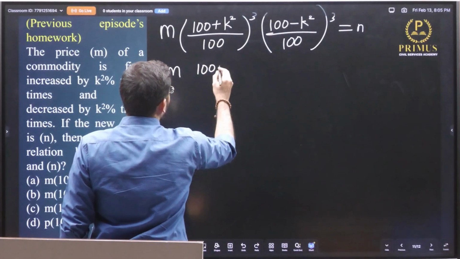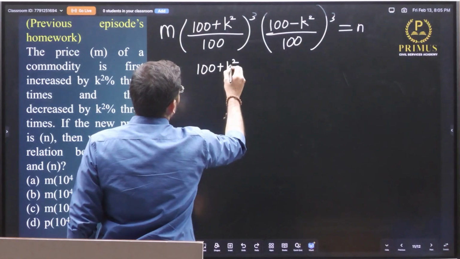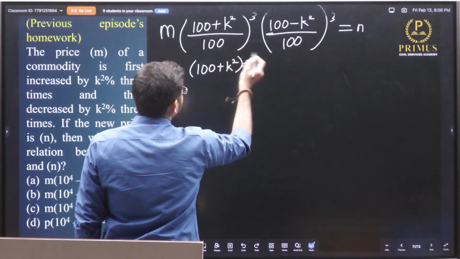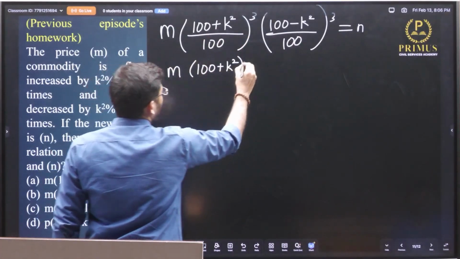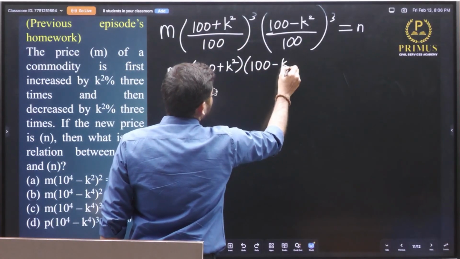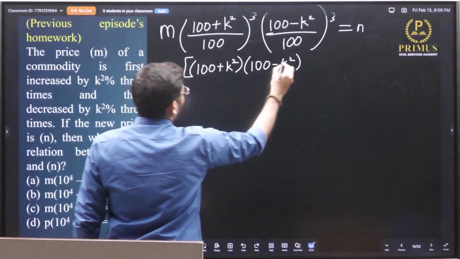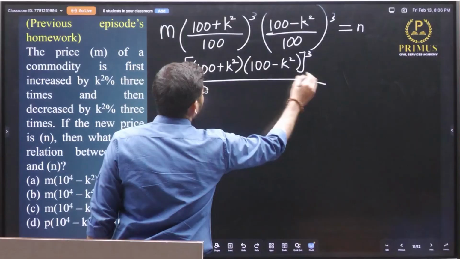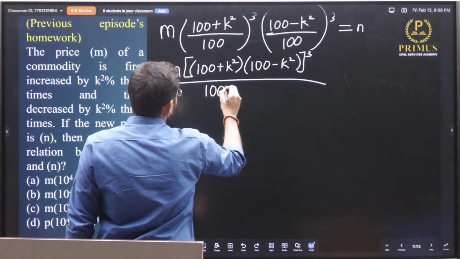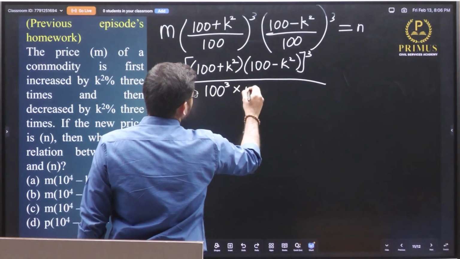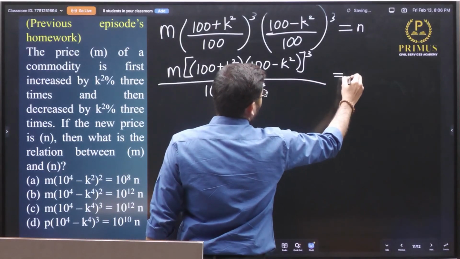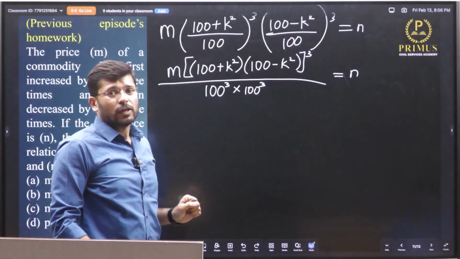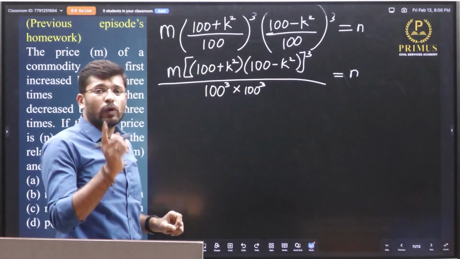Let us take it: 100 plus K square into 100 minus K square, whole cube of this, then divided by 100 cube into 100 cube, equals N. And this is of the format A plus B into A minus B, which will be A square minus B square.